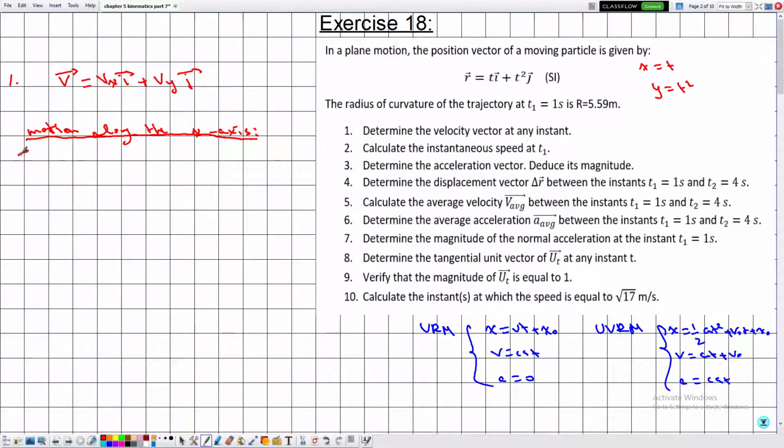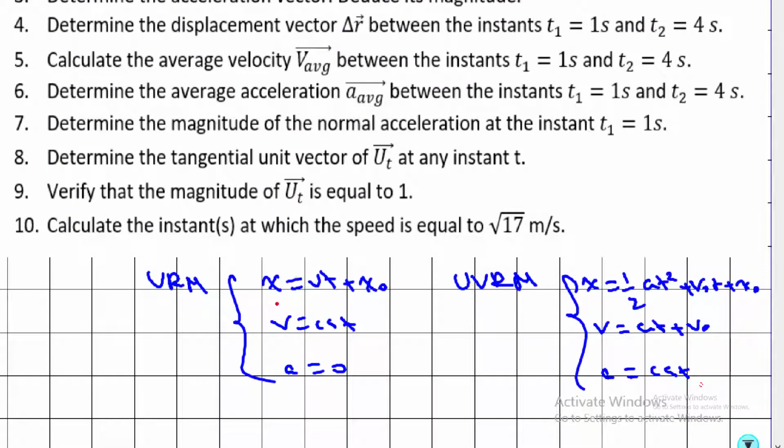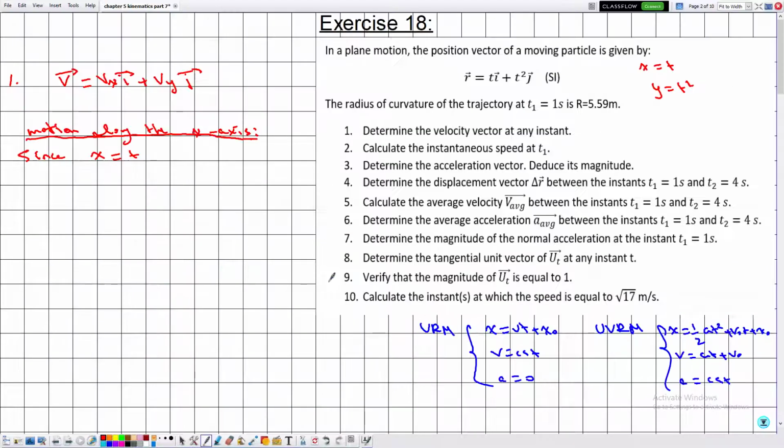Now since x is equal to t, notice that the position is linear in time. Whenever the position is linear in time, we are discussing URM, which verifies the general form x is equal to vt plus x0.